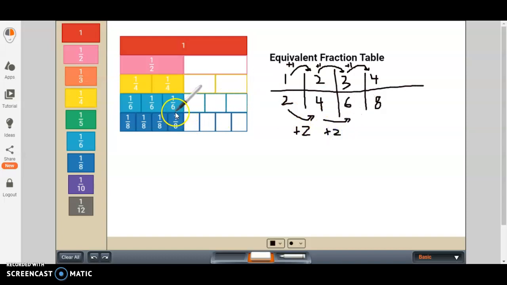And if I was adding another piece after this, I would have to add 1, 2 pieces. Which means, what is my next fraction? Well, if I add 1, and I add 2, I would have 5 tenths.